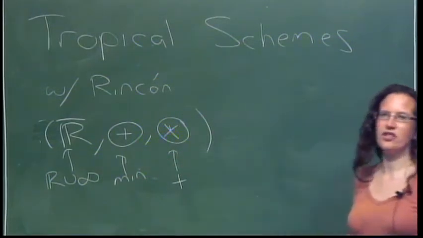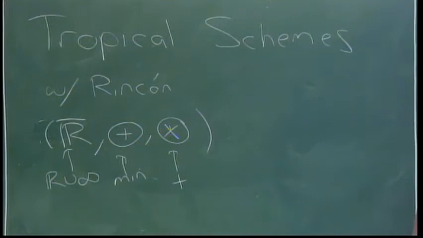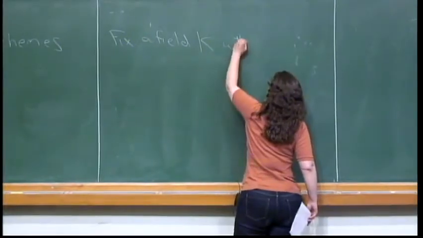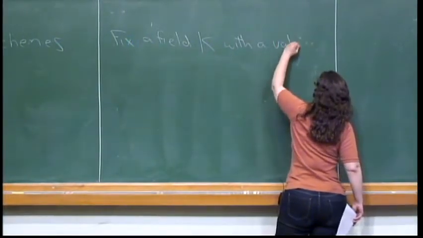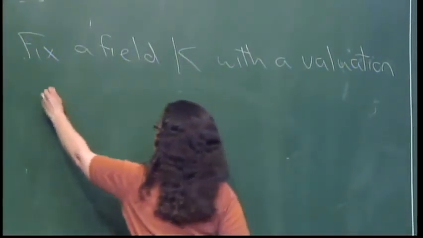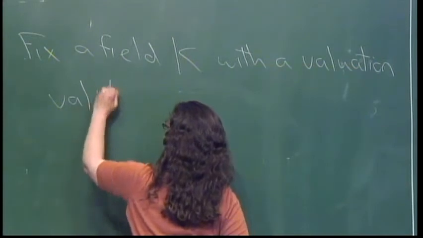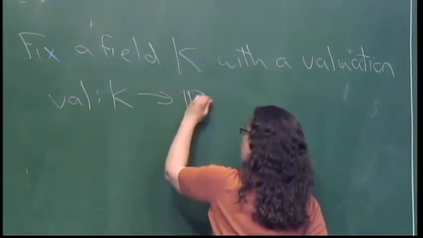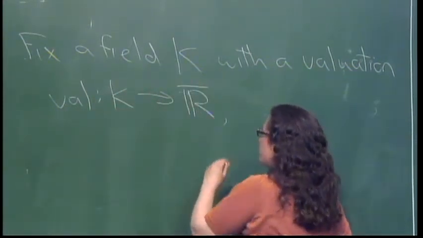If we want to tropicalize, we fix a field K with a valuation, and being a min person, my valuations go the opposite direction from Jeff's. So the standard one, val from K to R bar, that's R union infinity.